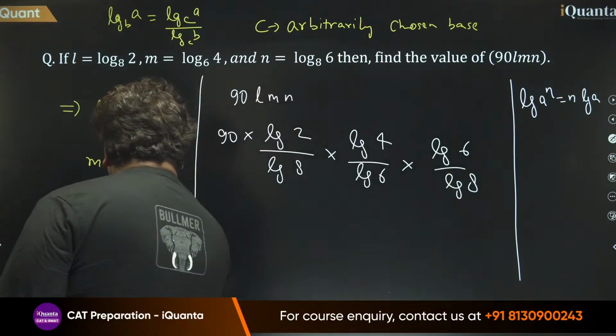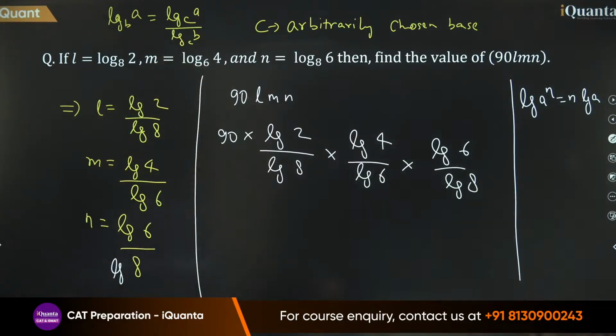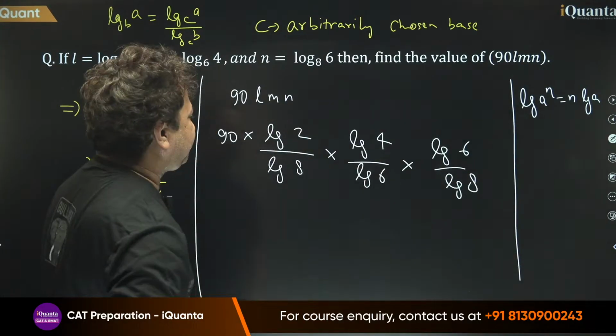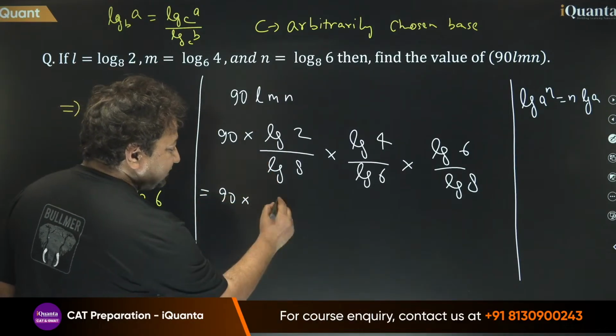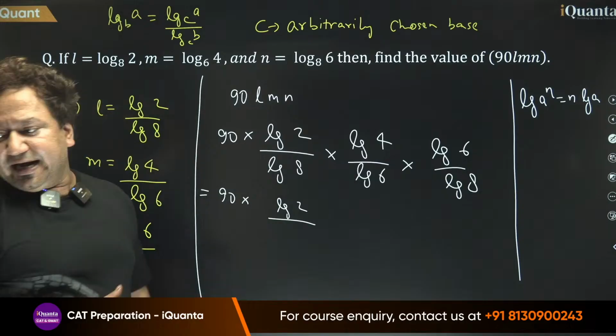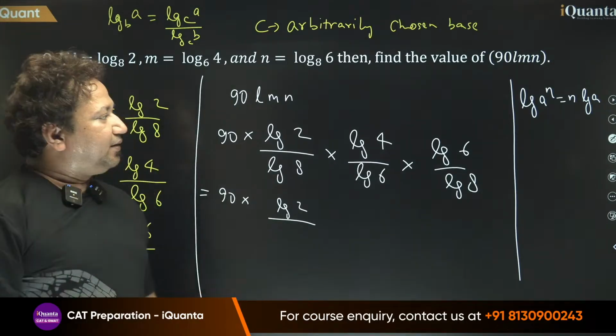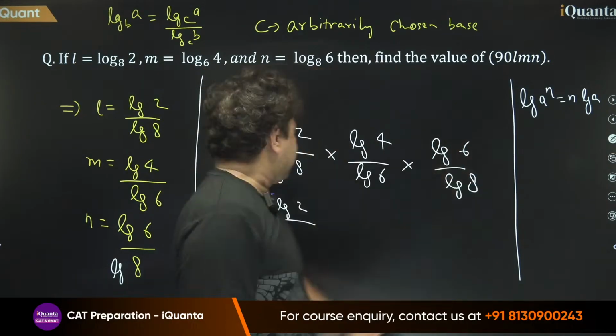Certain things can be cancelled out directly. Log 2 is log 2 only, and log 8: 8 in itself is 2 cube, so 3 comes out. I'll get 3 log 2.